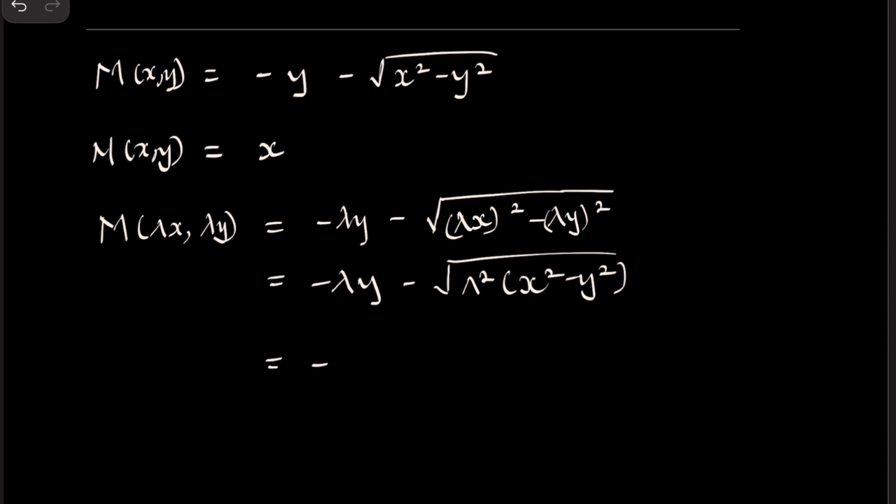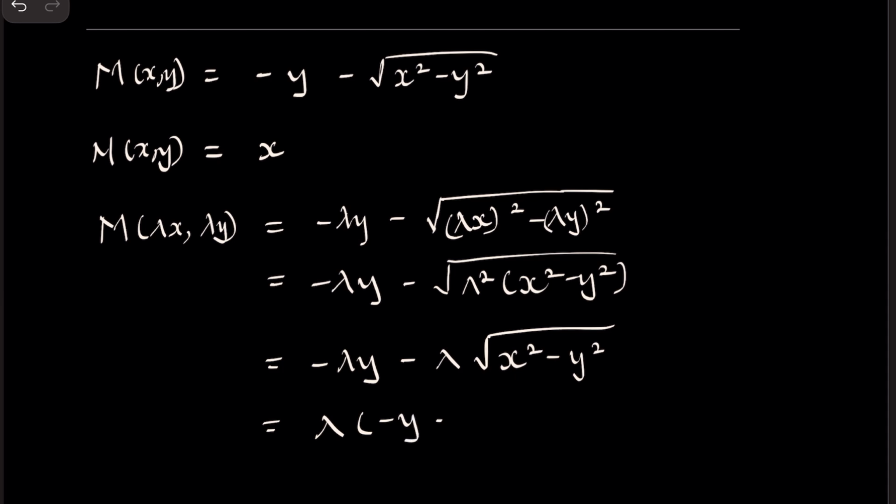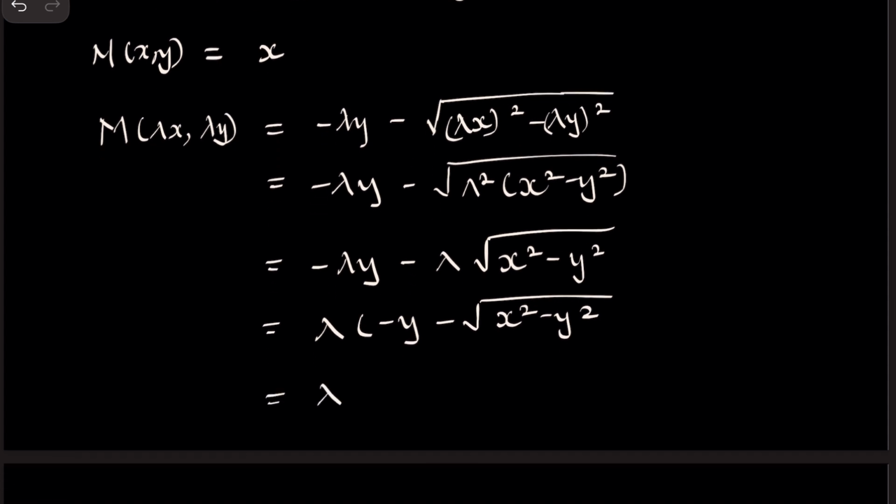And so we are going to have minus lambda y minus lambda square root of x squared minus y squared. So we can factor out lambda, then minus y minus square root of x squared minus y squared. Thus we have lambda times M of x, y. And so this is homogeneous of degree 1.